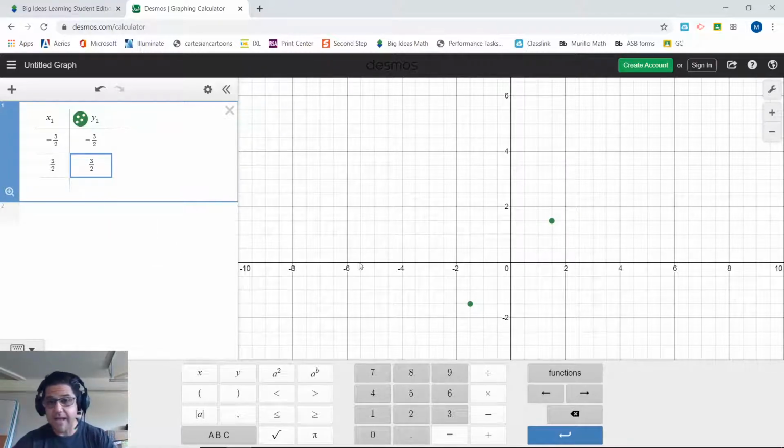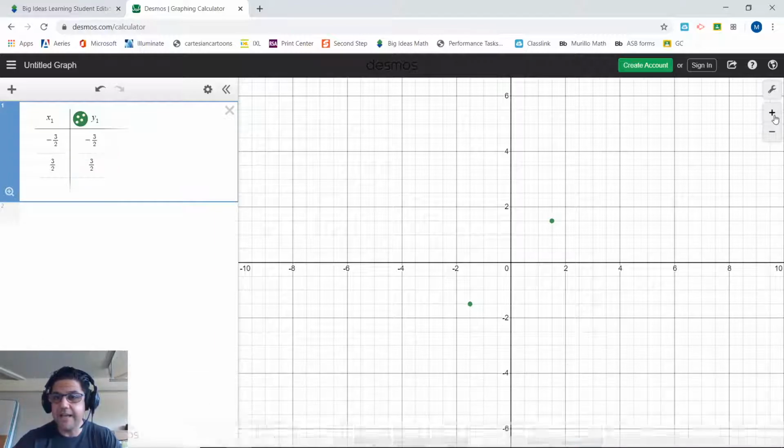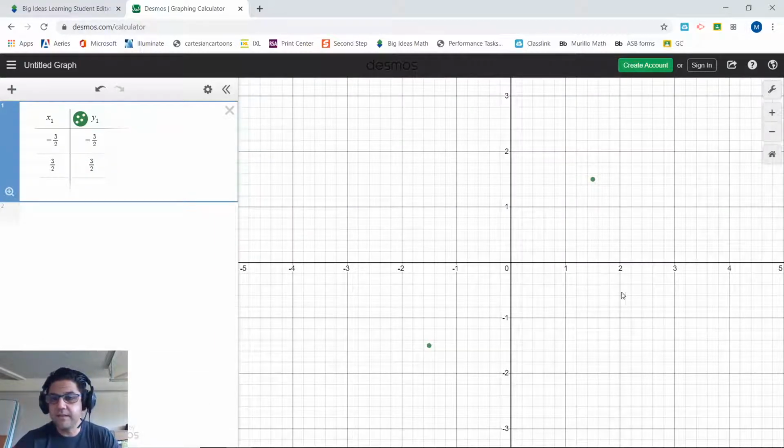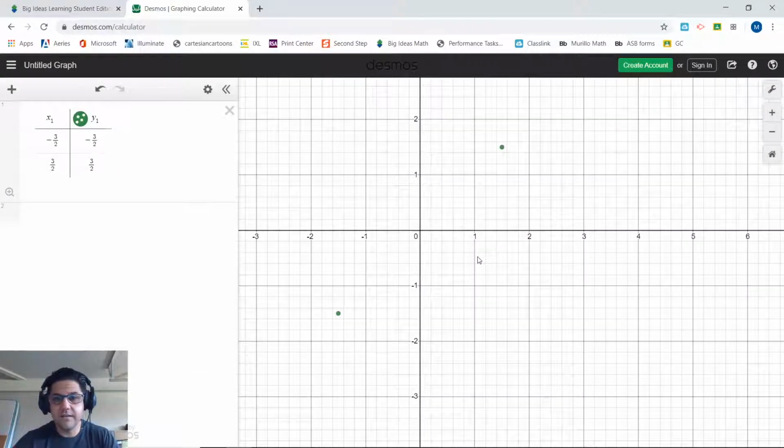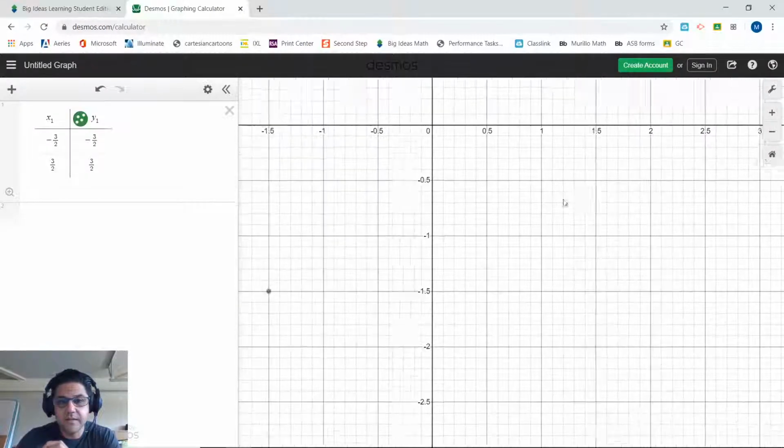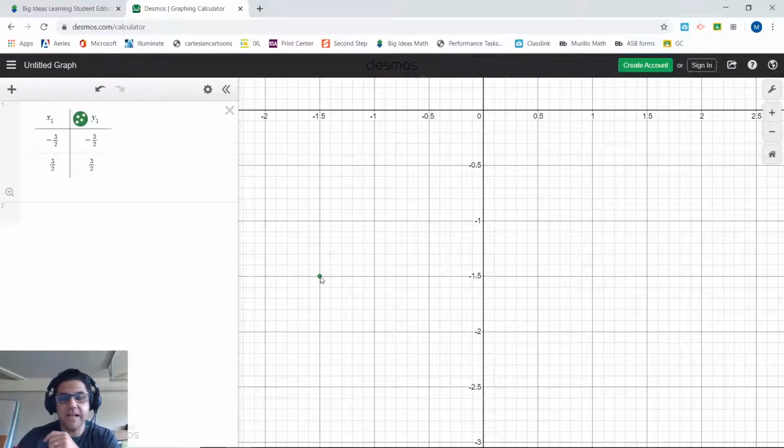So I've got my points here graphed for me. I could zoom in, and let me see if I can zoom in a little bit more. There we go. So you've got the perfect idea, counting by halves.